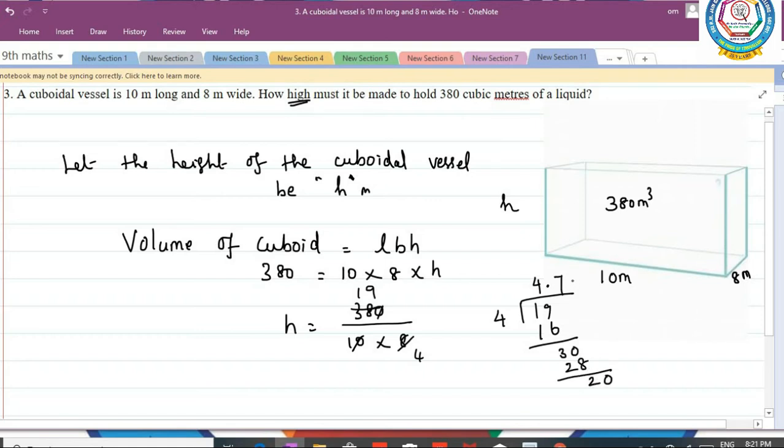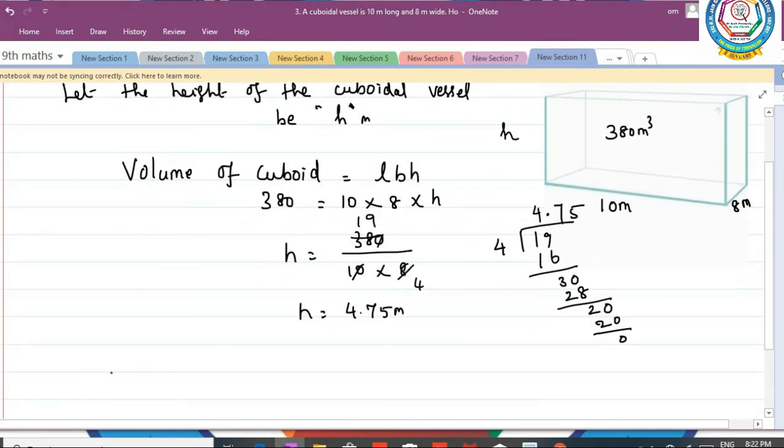Again one more 0. 5 4s are 20. So here the remainder is 0. So height is equal to 4.75 meter. Therefore, the height of the cuboidal vessel is 4.75 meter.